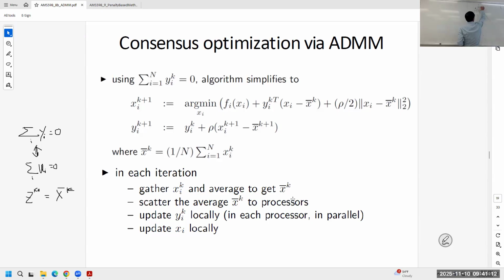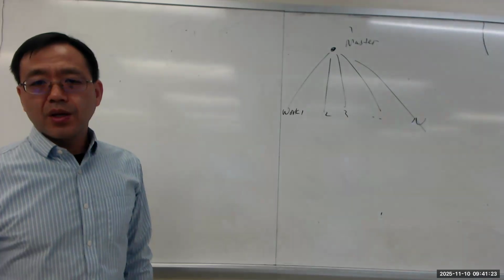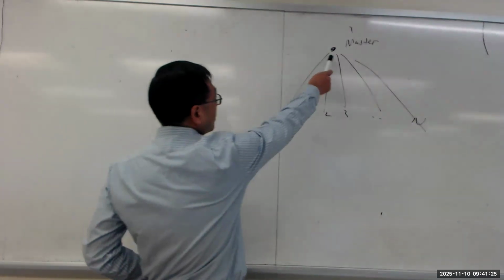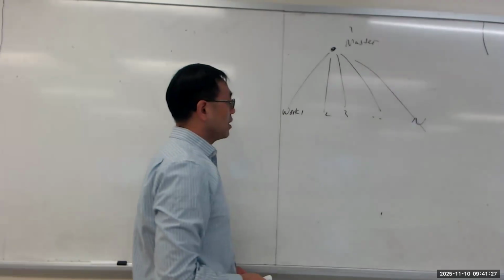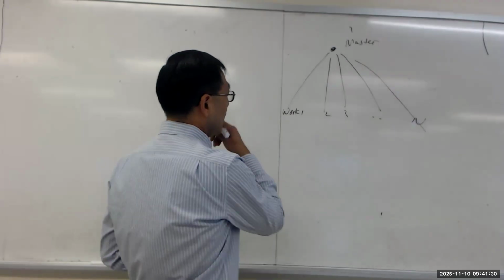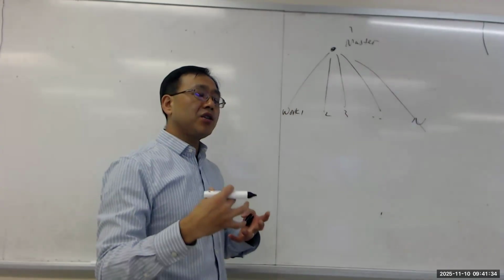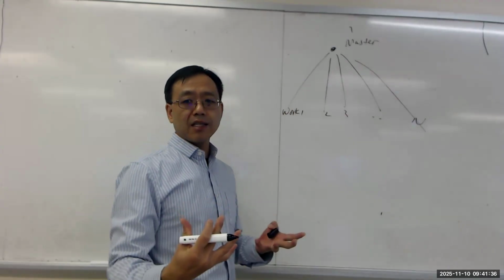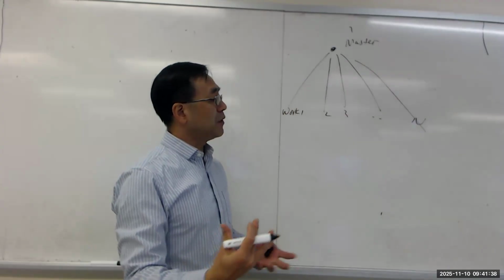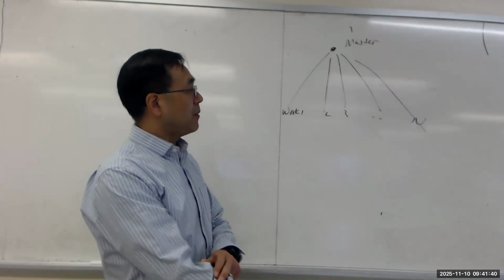So think about it: you have a master node here, and worker nodes 1, 2, 3, up to n. They can coordinate with each other to make this work. The algorithm basically works like this: you start with an initialization for each of the xi.